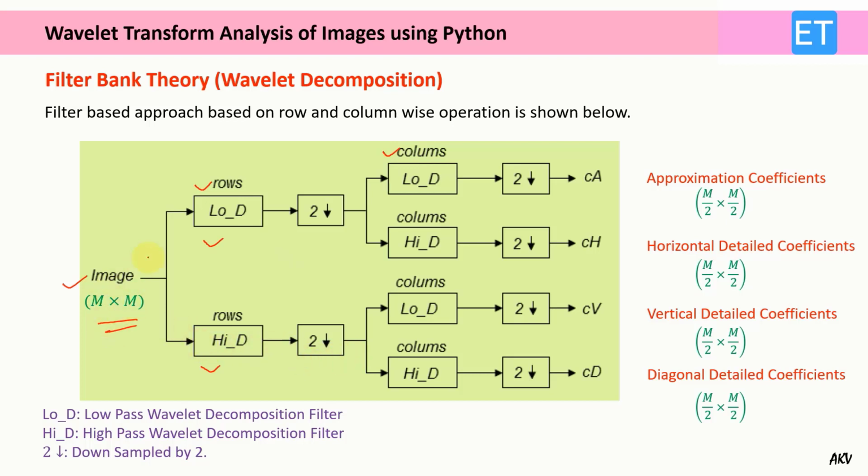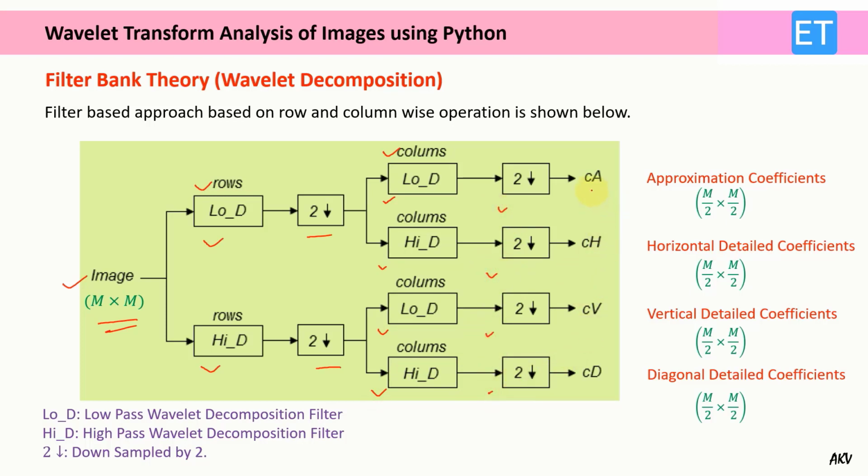So first we pass the image through the low pass decomposition filters, and then high pass decomposition filters, and then downsampling by 2. And then we pass the output again through the low pass and high pass decomposition filters, and then do the downsampling by 2.